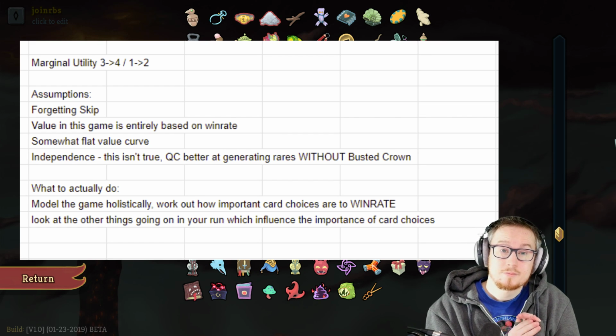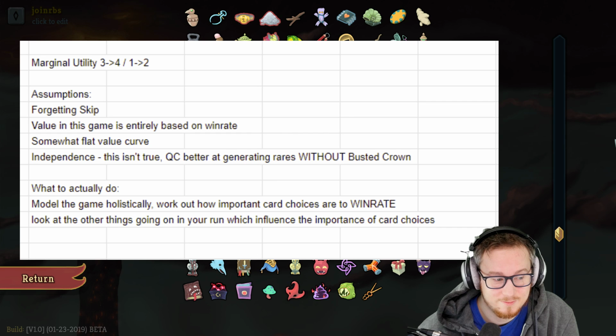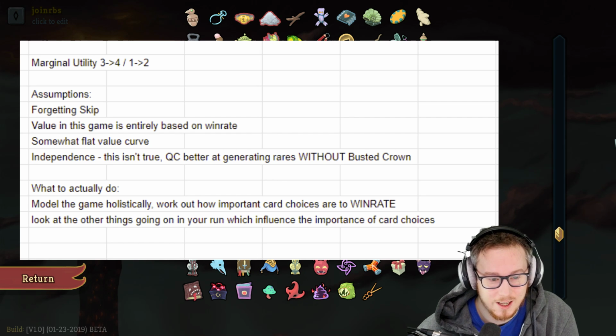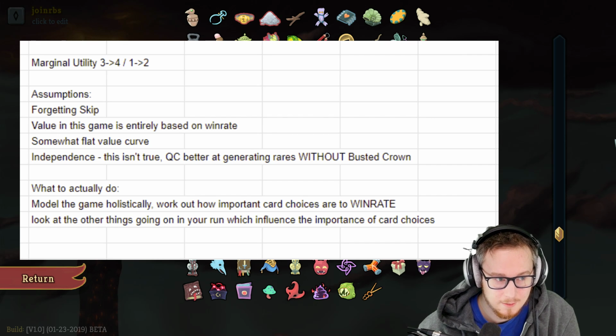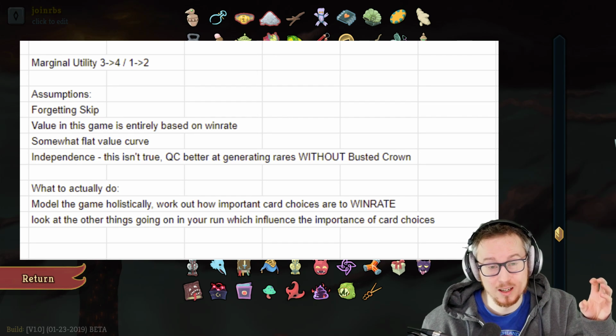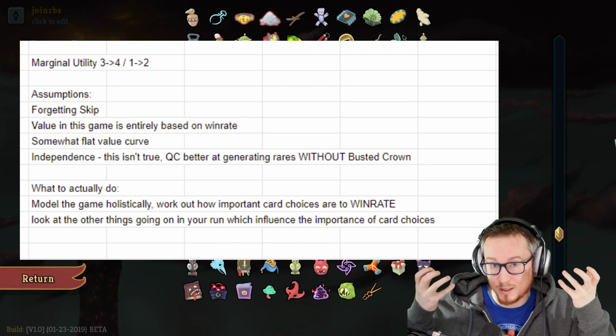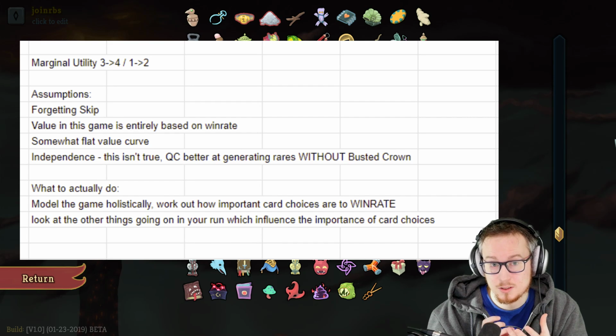Okay, so what you need to do instead of doing this, and I don't want to be strawmanning other people, right? But a pattern that I see in analyzing a game like this is that someone sees something and it's sort of the inverse of a different thing, and human brains are really good at seeing patterns.